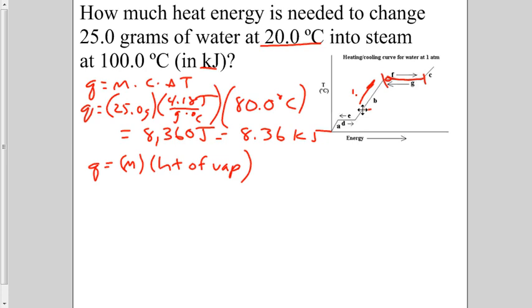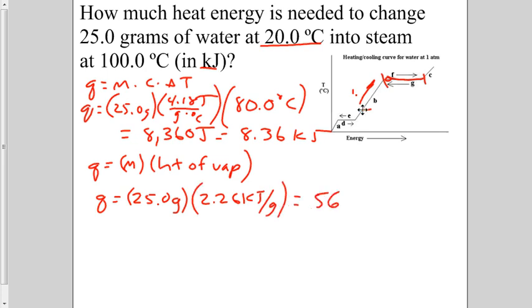Now we have to vaporize it. So there, the heat energy is going to equal the 25.0 grams of the water. And the value of heat of vaporization in kilojoules is 2.26 kilojoules per gram. Multiplying those together, we get 56.5 kilojoules.